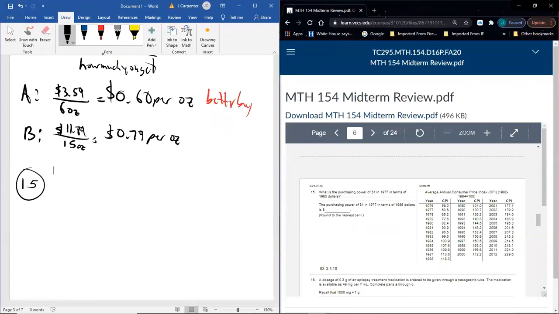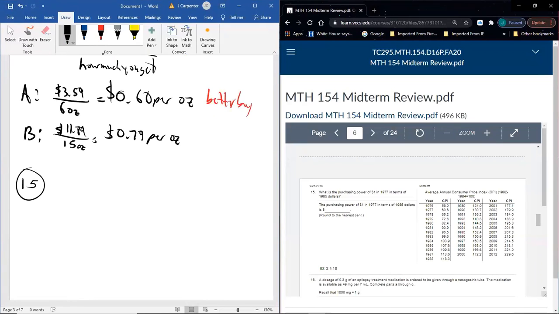All right. What is the purchasing power of $1 in 1977 in terms of $1985? So this is where, and you might think this is a proportion table, but it's not, because it only has CPIs. It doesn't have another type of data in this thing. This is just going to be used to extract the CPI values.